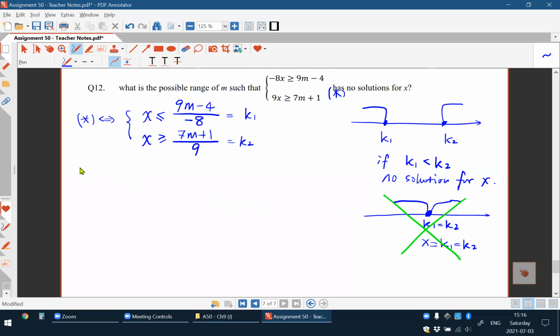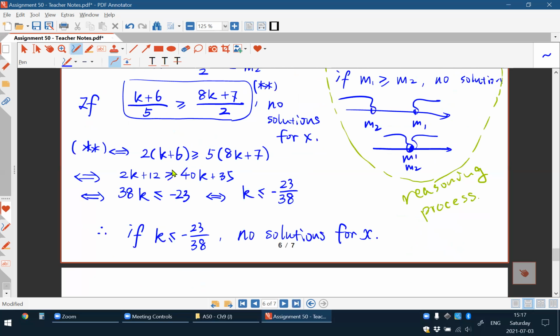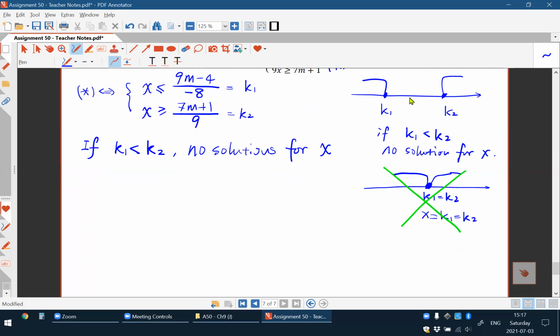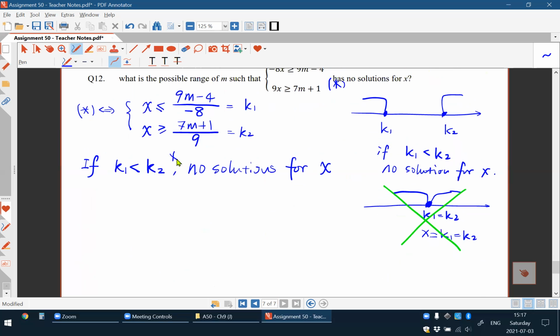So the conclusion is if K1 is smaller than K2, no solutions for x, right? And let's call this 2 stars.